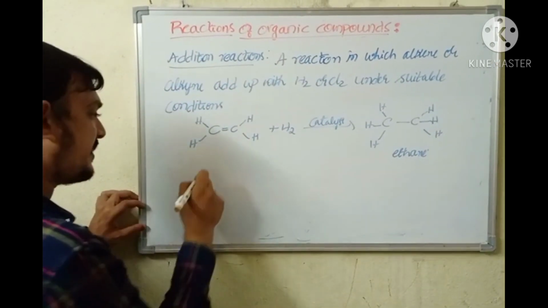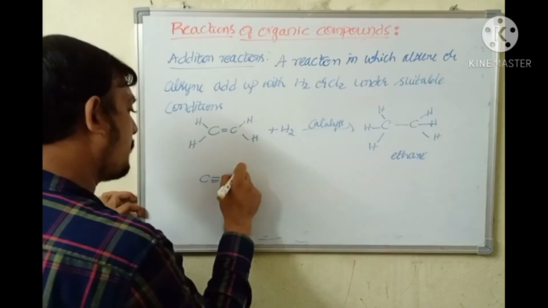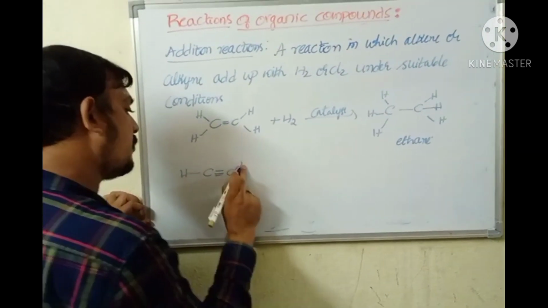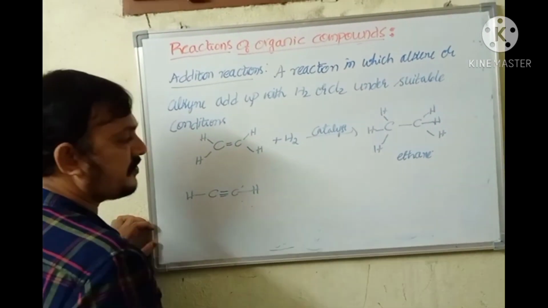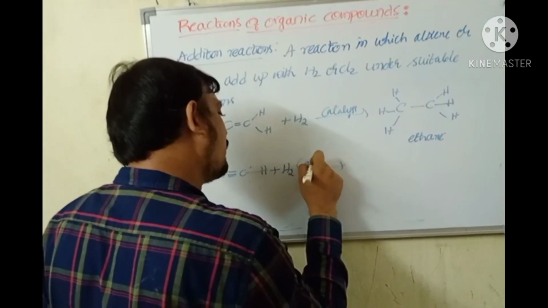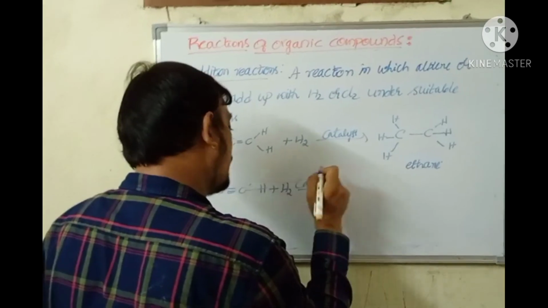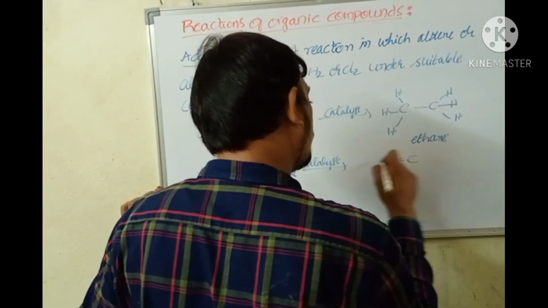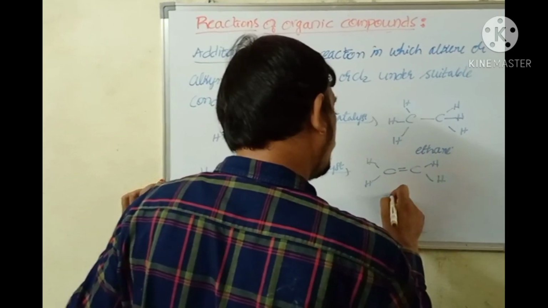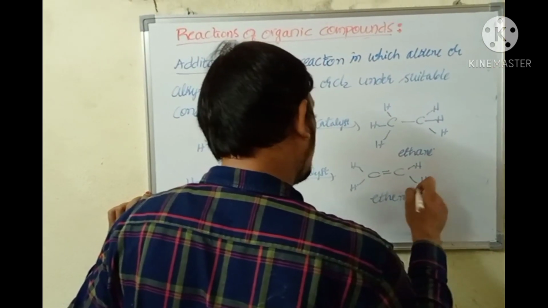And if I consider ethyne, CH triple bond CH, on combining with hydrogen in presence of a catalyst, it produces CH2 double bond CH2, which is ethene.